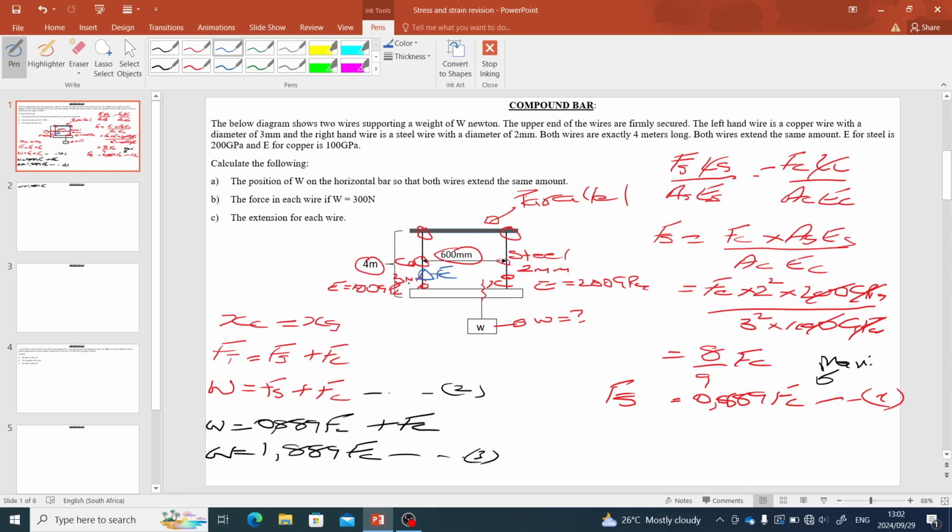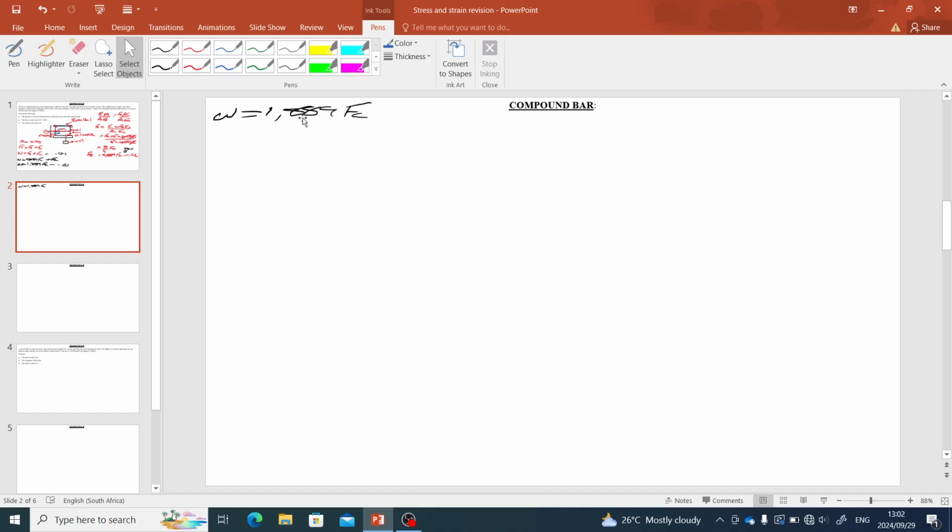The sum of the upward forces equals the sum of the downward forces. Those are the principles of equilibrium. Let's go ahead and calculate the force acting on that wire.